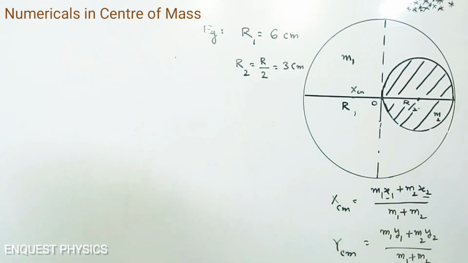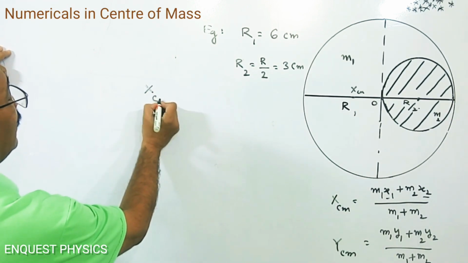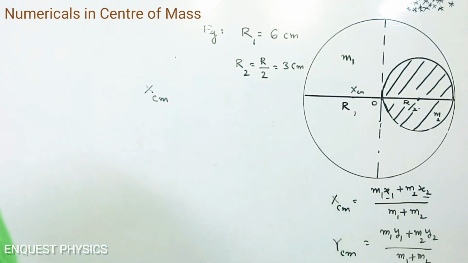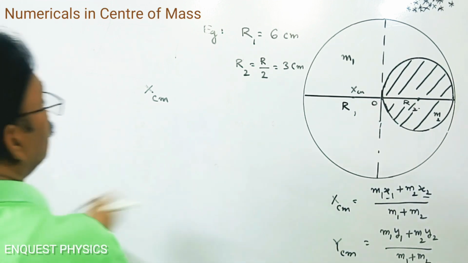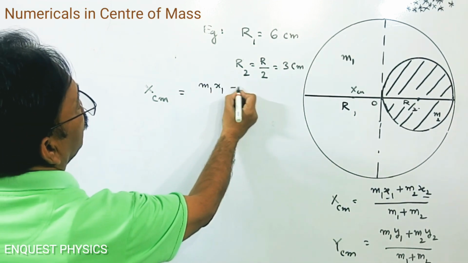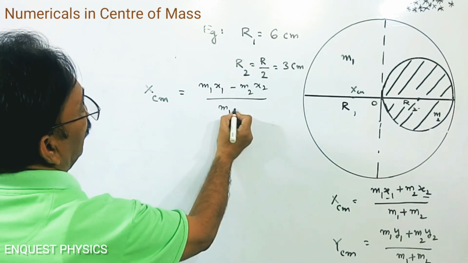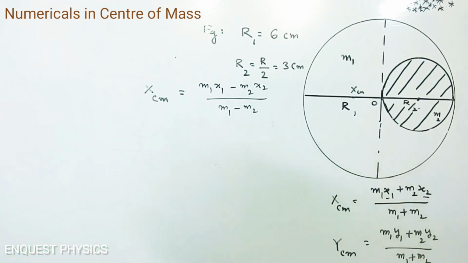We have to find out the center of mass, students. Say this, xcm can be written as m1 x1 minus m2 x2 upon m1 minus m2. Okay, students, we have to put the values there.